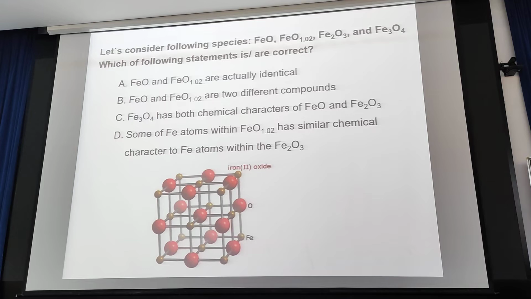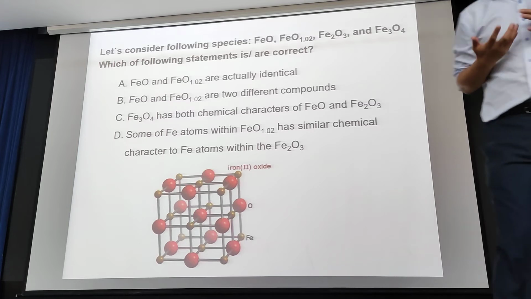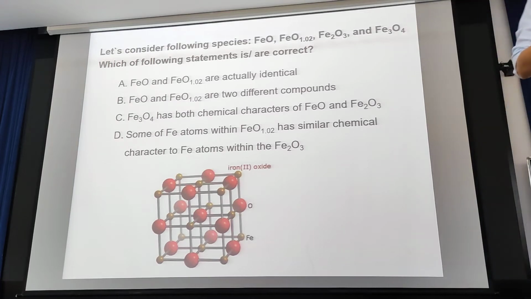Fe3O4 has both the chemical character of FeO and Fe2O3, and the iron atoms within the second compound have similar chemical character to the iron atoms within Fe2O3. Now it's more chemical, right? More chemistry. So please take 2 minutes to solve this question, please.